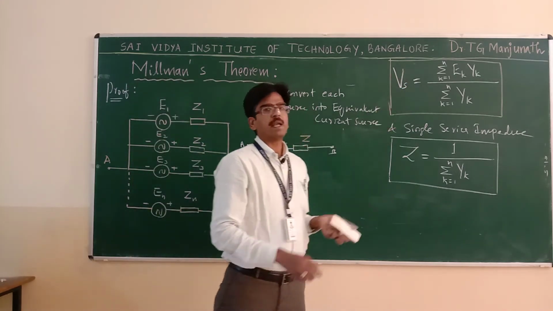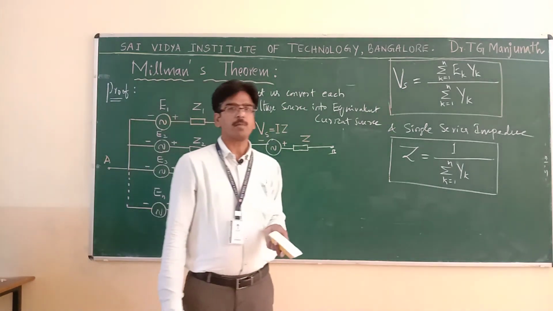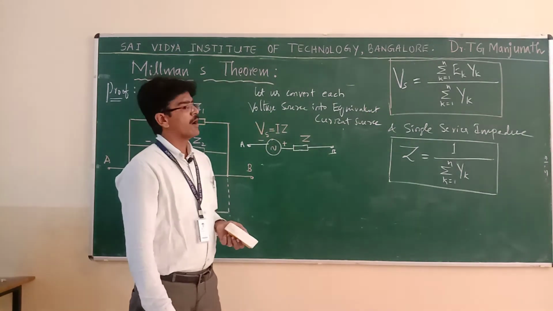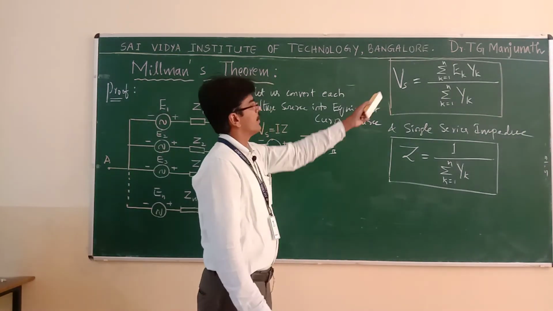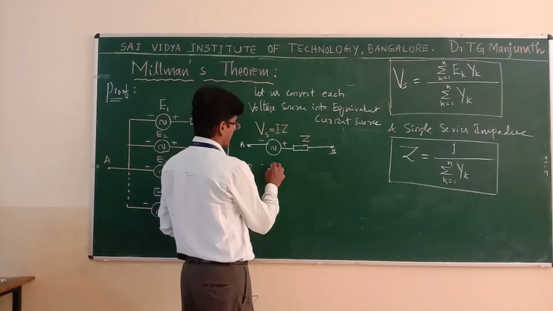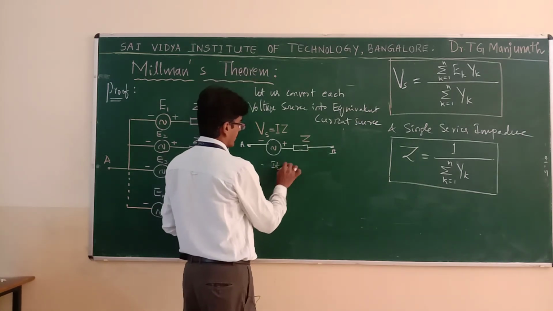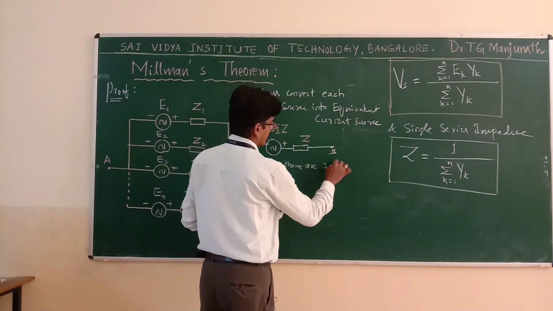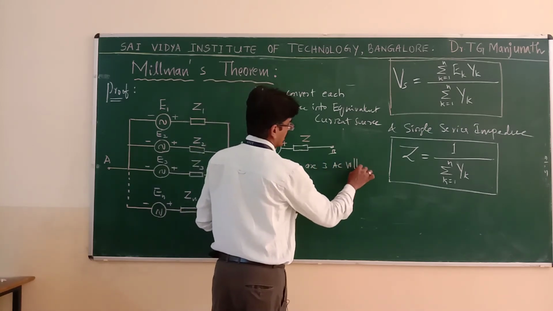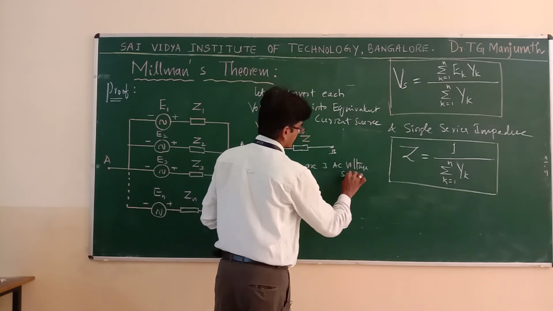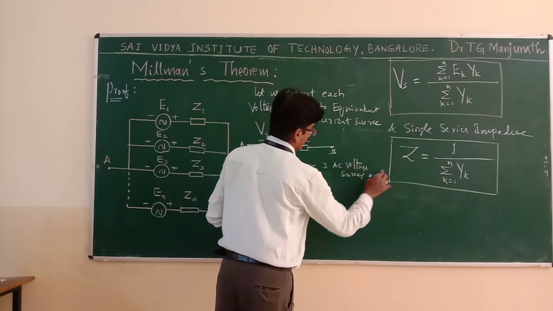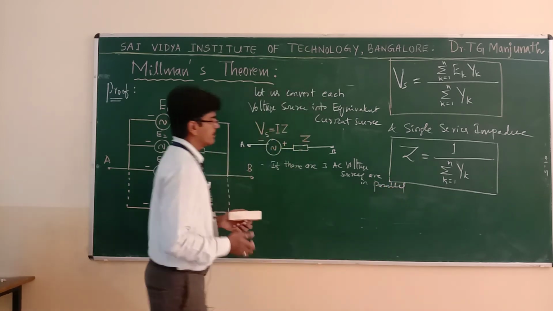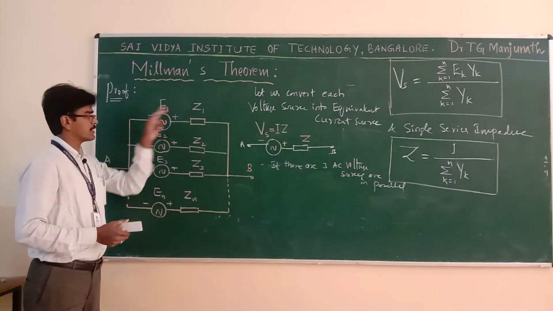Now let us see how to make use of this formula. We have got some formula. So suppose, for example, there are 3 AC voltage sources in parallel.